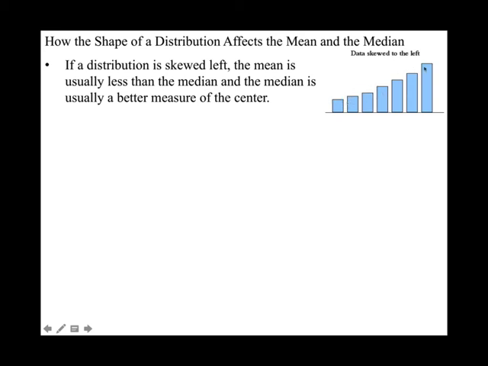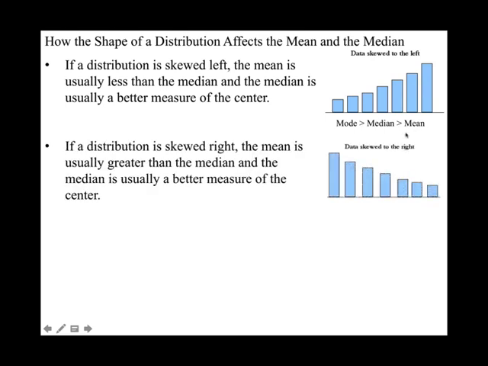And if we have a distribution that looks like this, the mode will be greater than the median, which will be greater than the mean. Okay, but if you have the distribution skewed to the right, again, skewed to the right means the right tail is longer. That means the mean will be greater than the median, which will be greater than the mode.